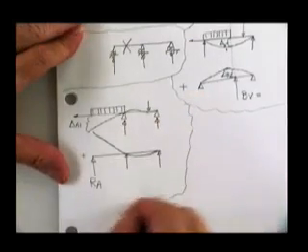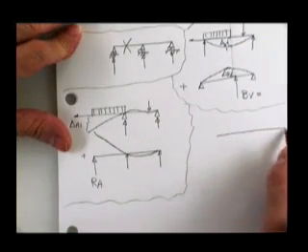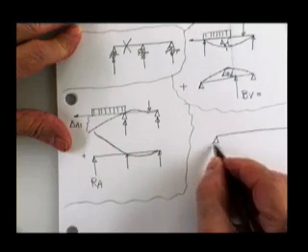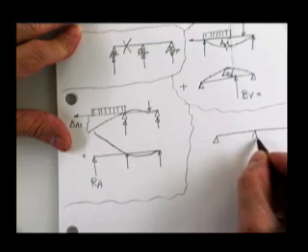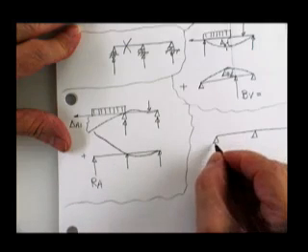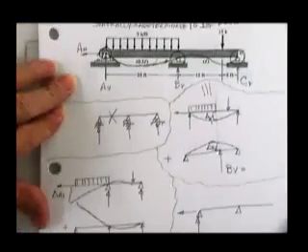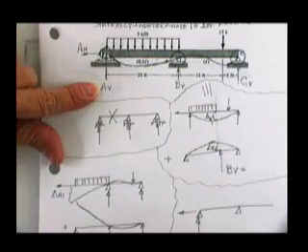And a third possibility would be that the structure be modified for analysis by taking the right-hand reaction off. That would leave you with a vertical force, a horizontal force. I hesitate to call it A vertical because you'll think it's this guy, and it's not.